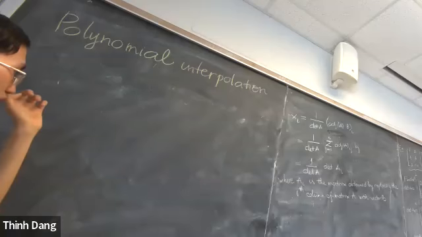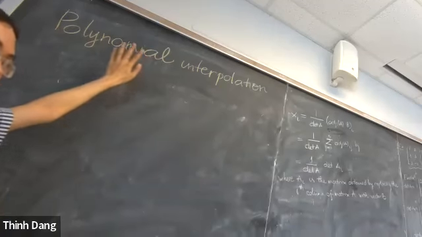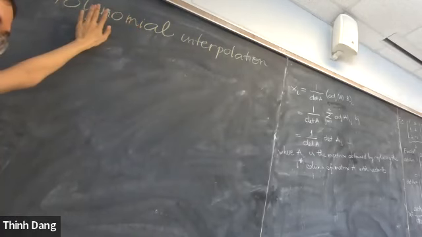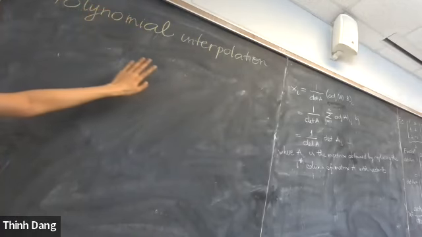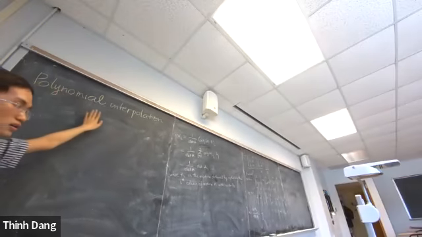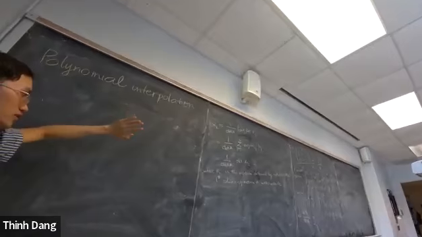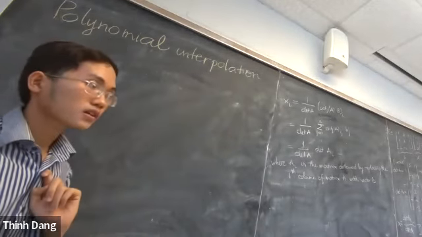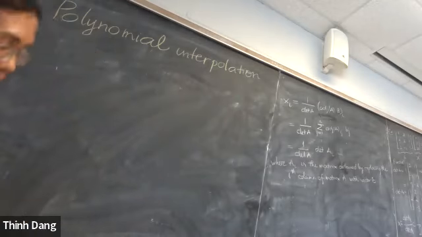And the wisest choice now is a polynomial, because a polynomial is the easiest function to work with. So the process that, given some data points, you are trying to find a polynomial that fits all the data points is called polynomial interpolation. Okay, that is basically what polynomial interpolation is.